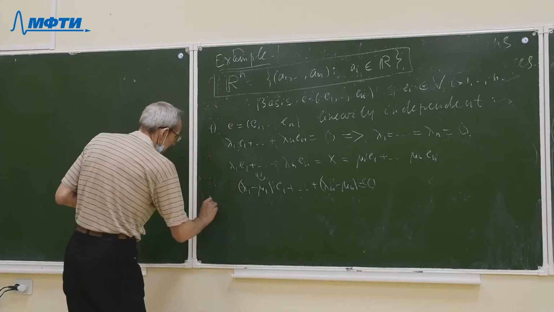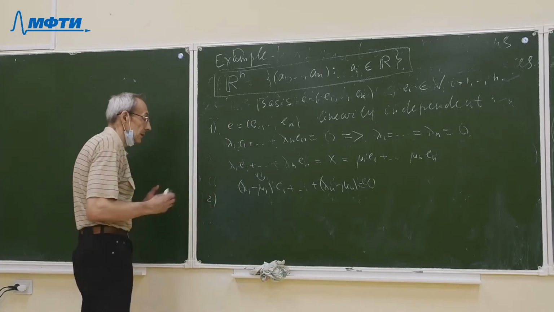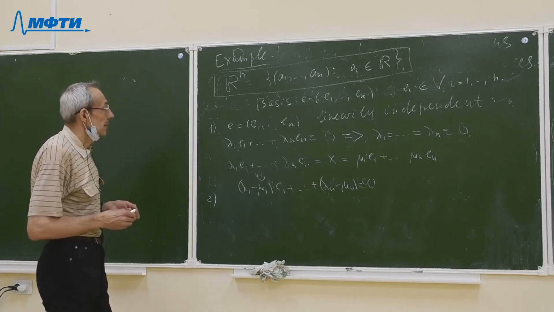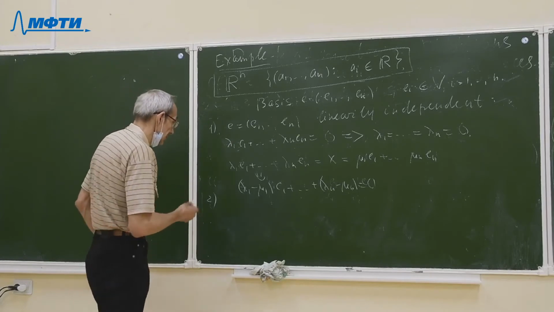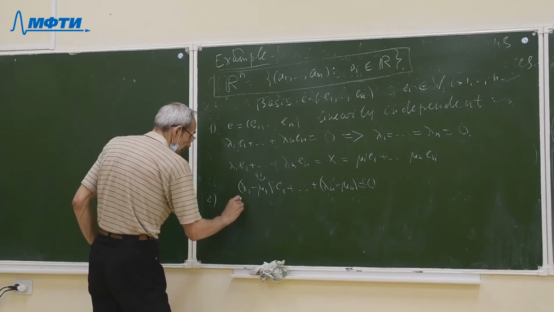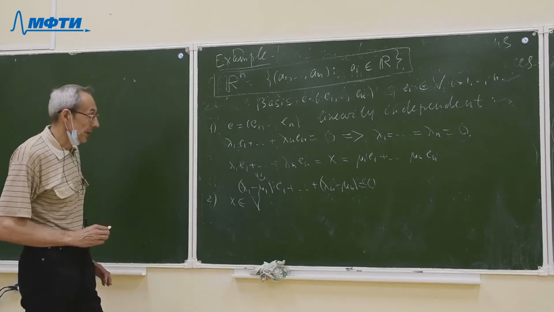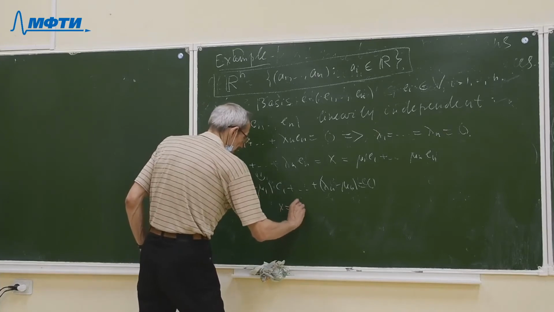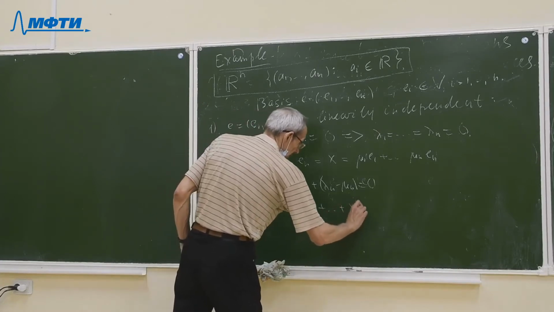The first property is linear independence. The second property is the opportunity of decomposition of an arbitrary vector by basis vectors. For any vector x from our vector space V, there exists a presentation of this vector as a linear combination of the basis vectors.